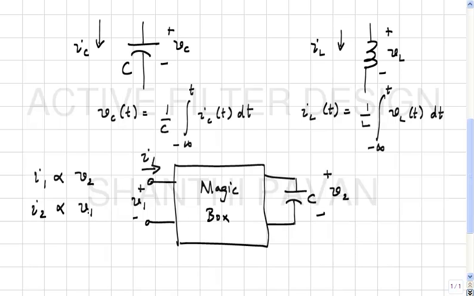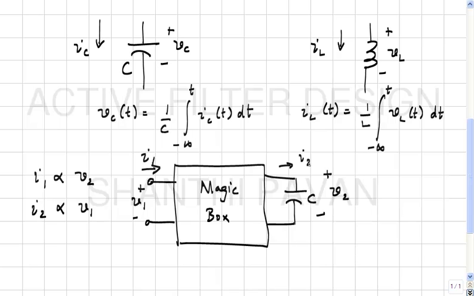It is going into the capacitor. Let's see. Actually, okay, it doesn't matter at this point. So at this point we just postulate that this is what we need for the box. We'll figure out what to put in the box to make this happen.